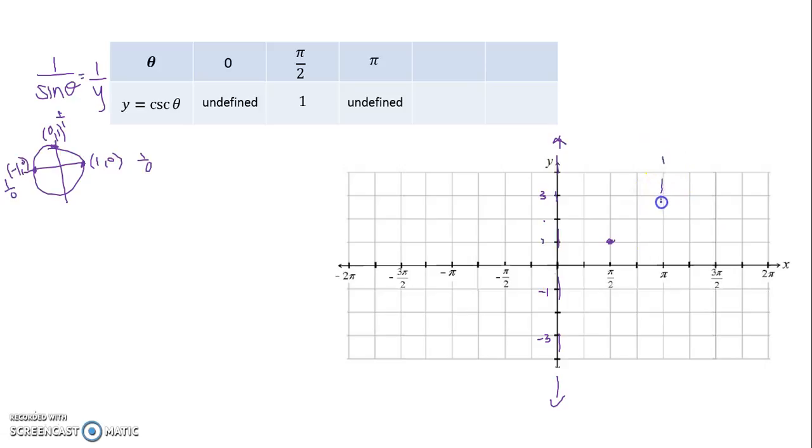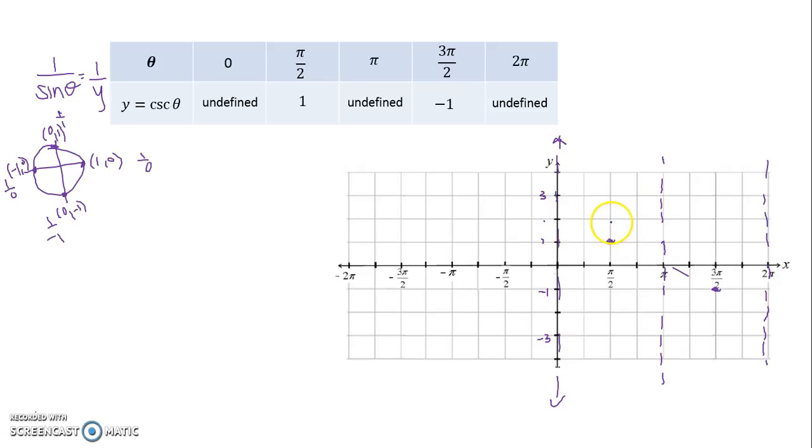So at pi, I'm again at an asymptote. At 3 pi over 2, I'm down in the bottom of my unit circle. At 0, negative 1, so when I do 1 over my y, it's 1 over negative 1, which is negative 1. And then at 2 pi, I'm back where I was for the 0, so that's back with another asymptote.